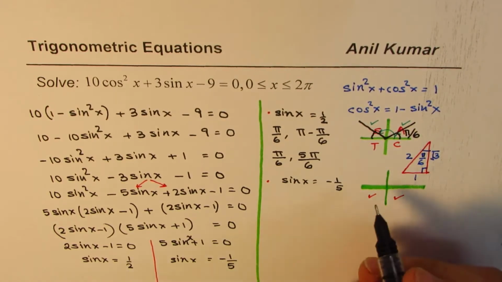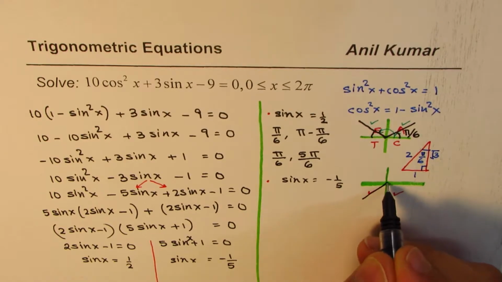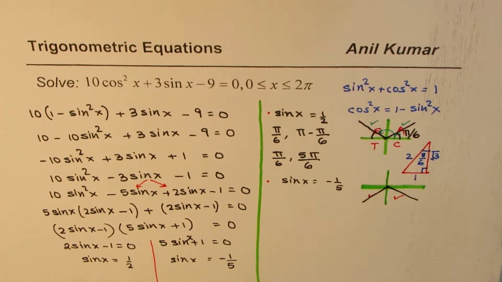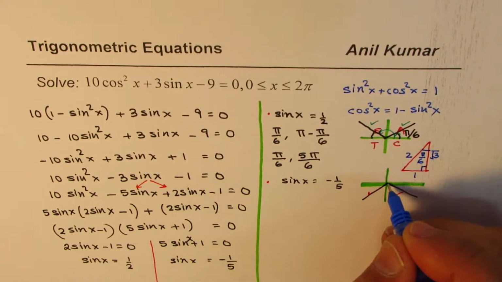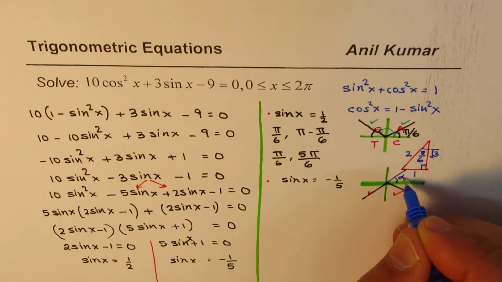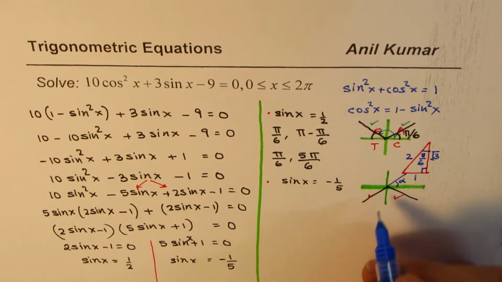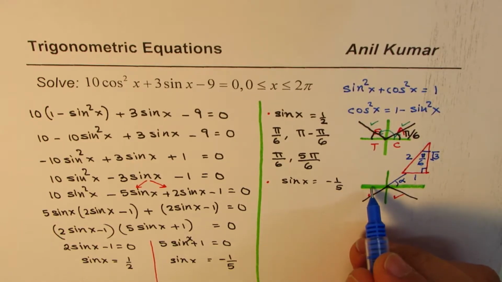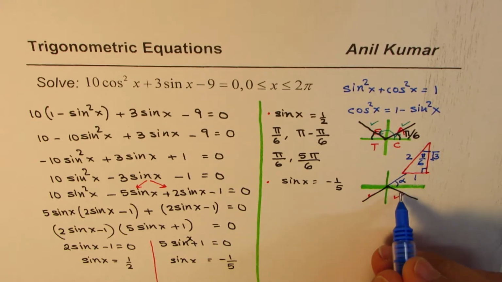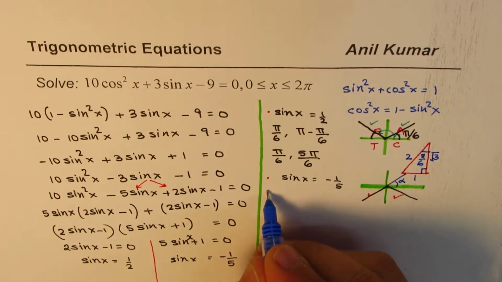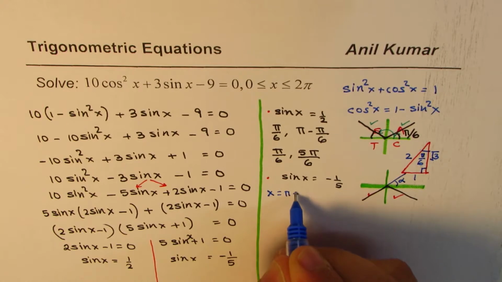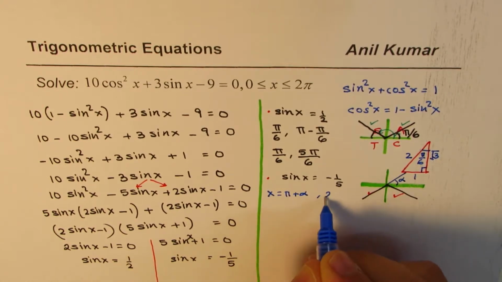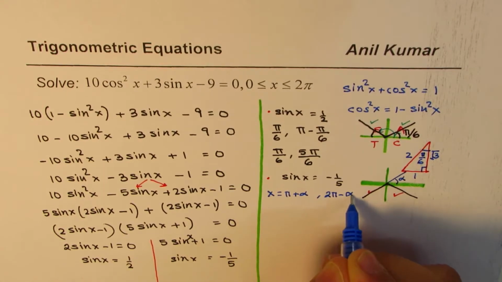So that means we're looking for a solution somewhere here. To find this, we can find the related acute angle, let's say alpha, and then these solutions will be pi plus alpha and 2 pi minus alpha, right? So we have x equals to pi plus alpha and 2 pi minus alpha.